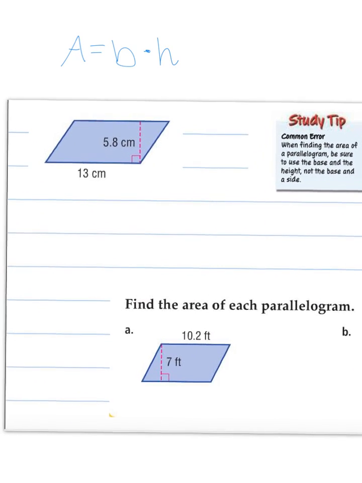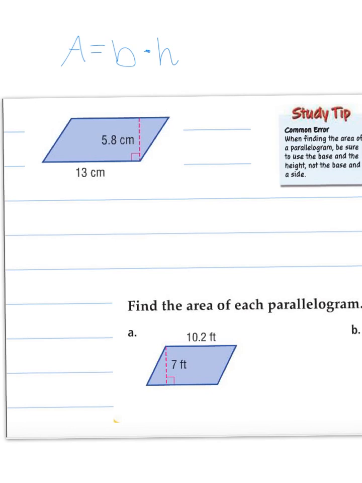So on this first parallelogram that we have, the base is this bottom number, the side, times the height, this is a perpendicular length to our base, which is 5 8/10. Now we're multiplying those together. 13 times 5 8/10.